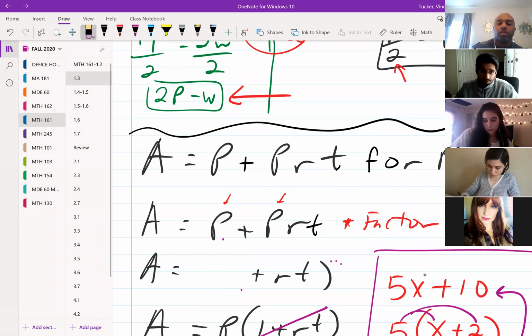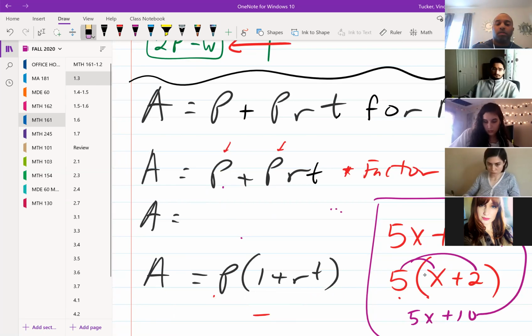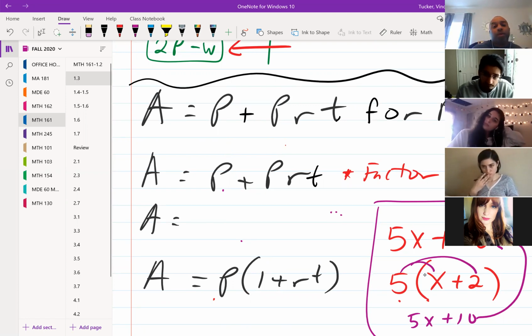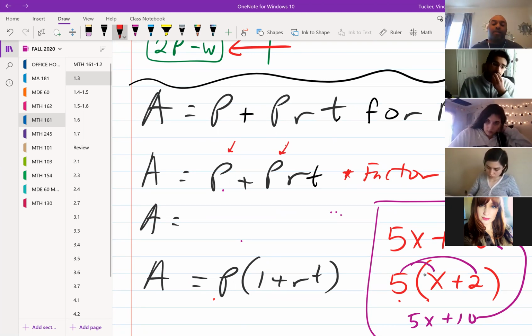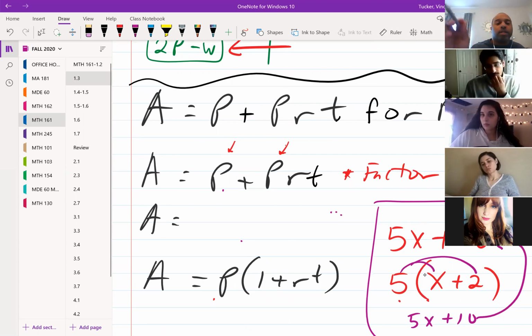All right, so we have A equals P plus PRT, and we're going to solve for P. So the first thing we want to do is recognize that P is in multiple places. Now your goal is to get a single P by itself. And don't worry about this stuff over here. Somebody asked me a question in a previous class, so that's just something different.